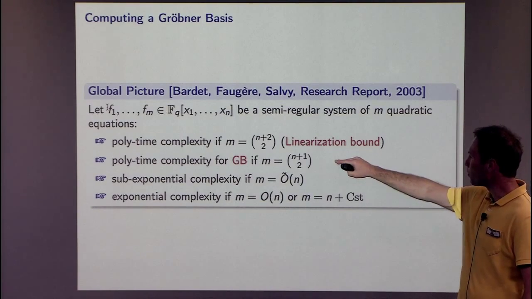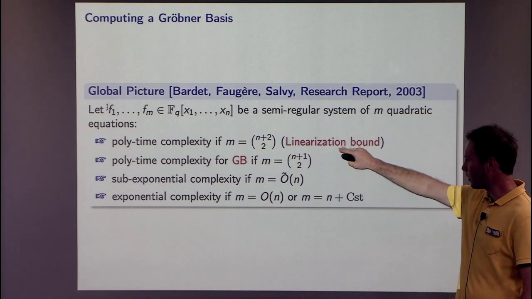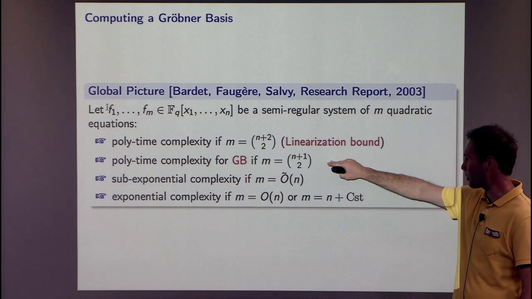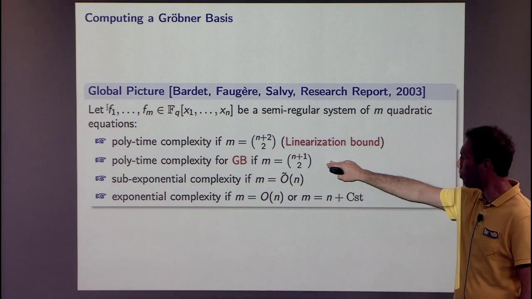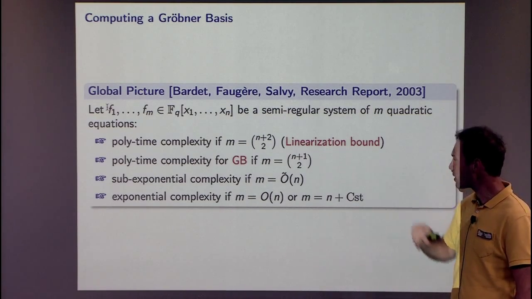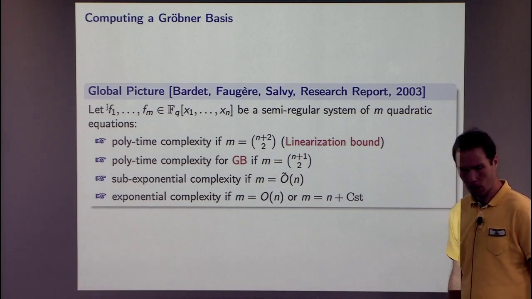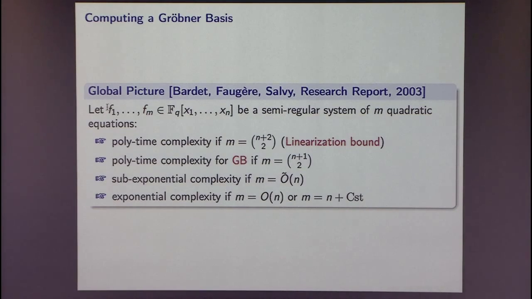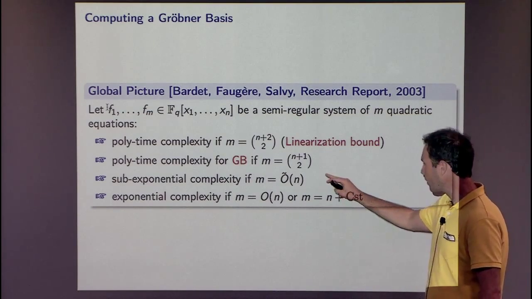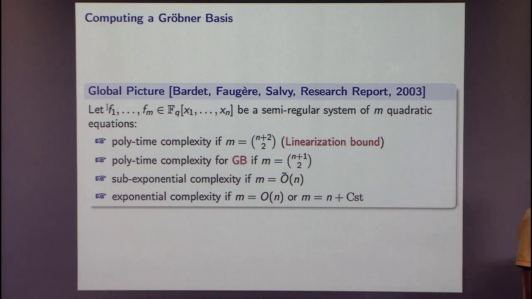Actually, so this is with the linearization. If you compute a Gröbner basis with slightly fewer equations, we know that it's polynomial time if you have this number of samples. And so we know that if m is O of n, it's exponential. And if it is soft O of n, it's sub-exponential.